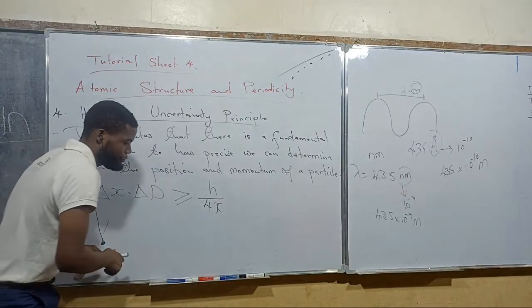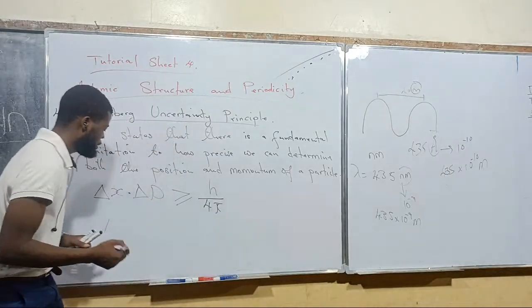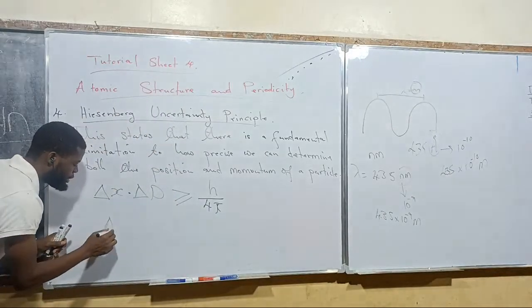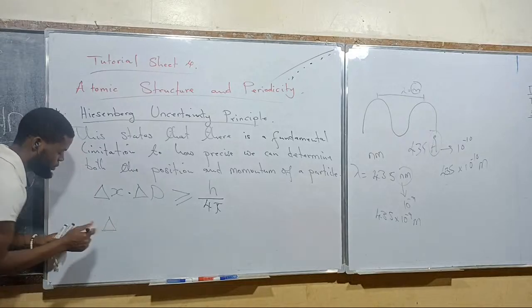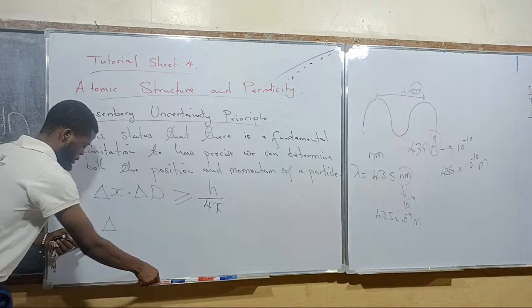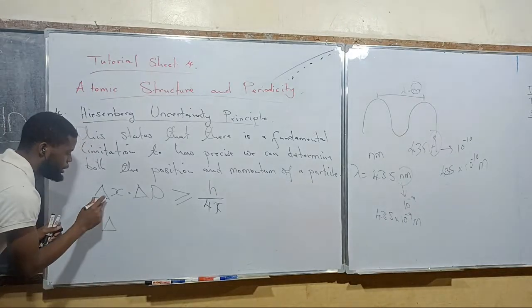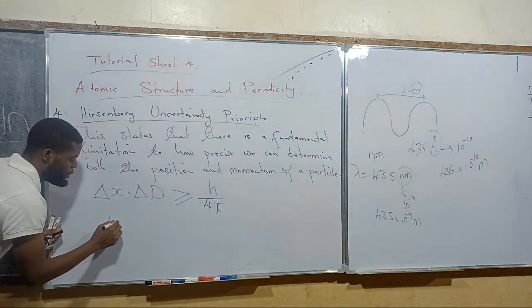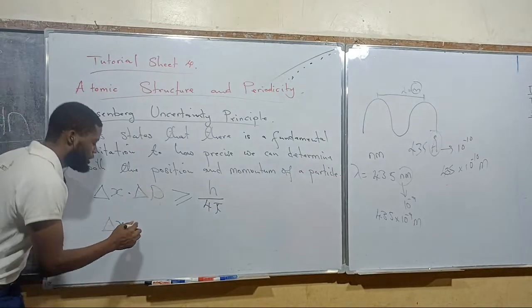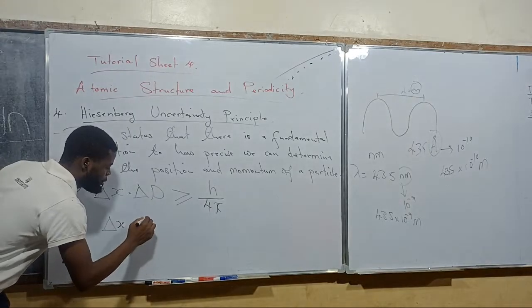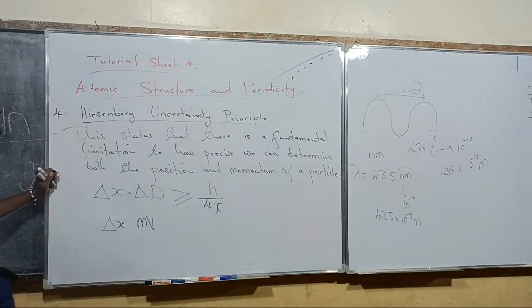So the formula can then be modified as change in position, delta x, multiplied by the change in momentum, because momentum is given by the mass multiplied by velocity.